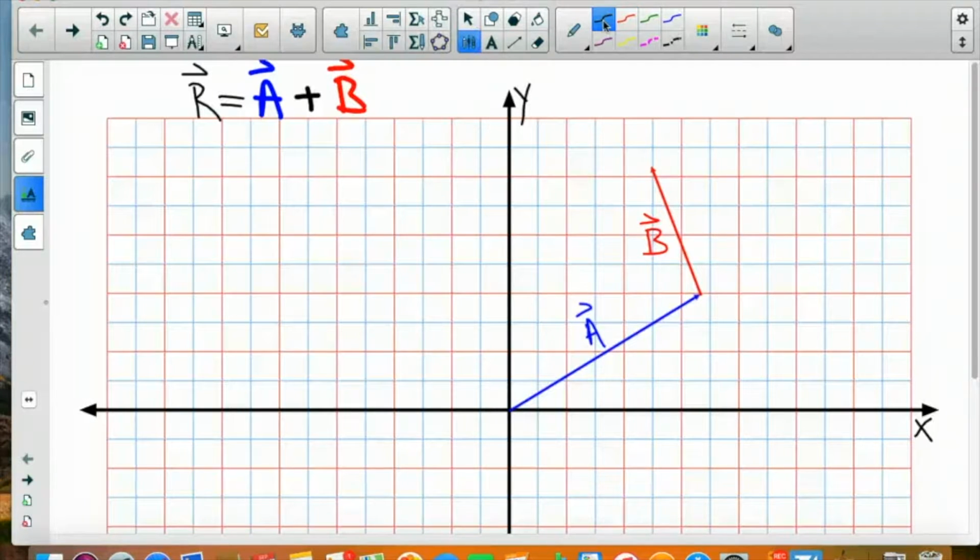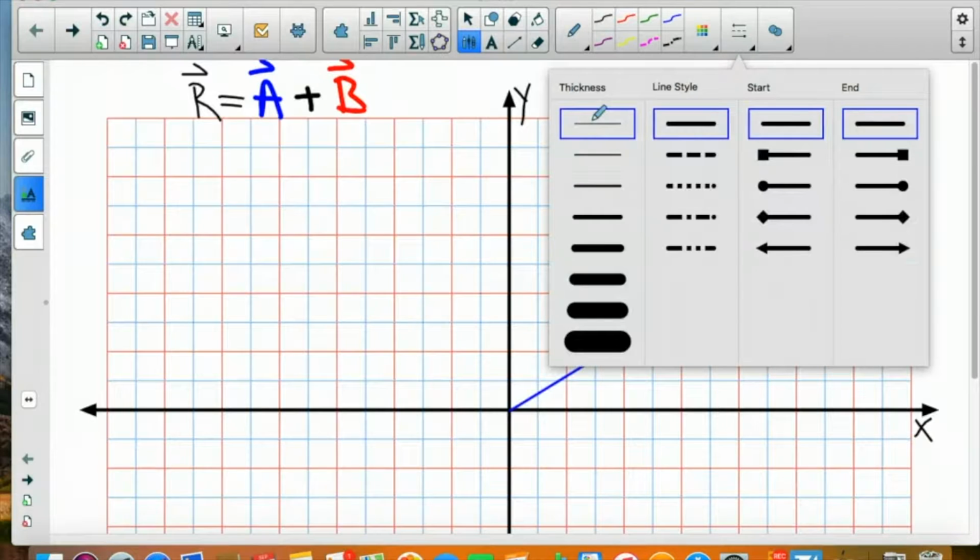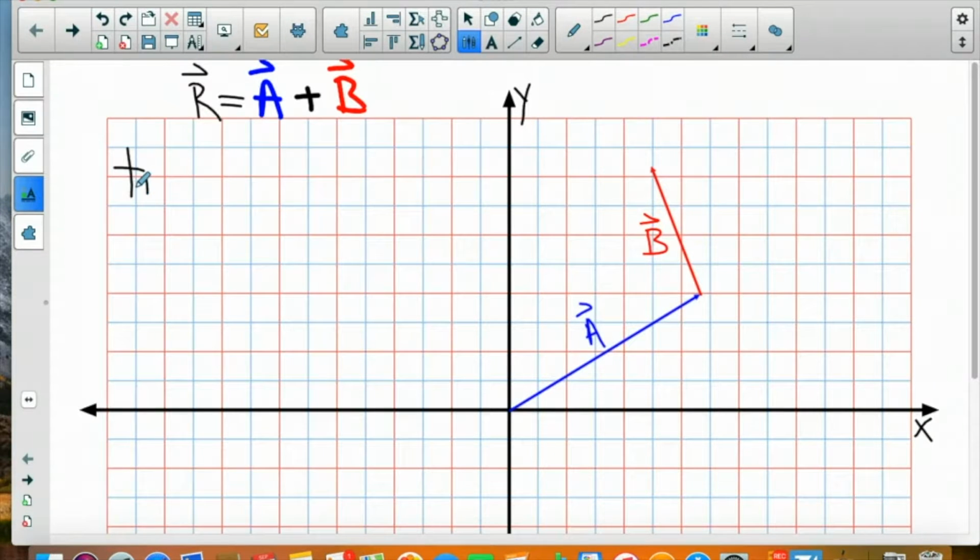Okay, we'll call that the tip to tail method.